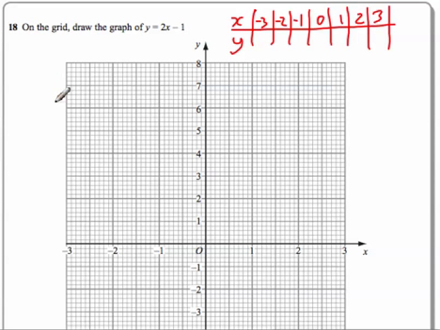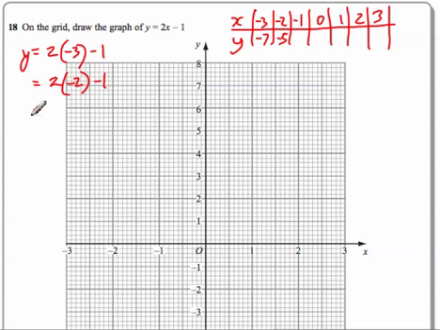Okay, so as we do that, we'll get y equals 2 times -3 and then -1. Now 2 times -3 is -6, -6 minus 1 is -7. The next one would be 2 times -2 minus 1, and that would give us 2 times -2 is -4, -4 minus 1 is -5.